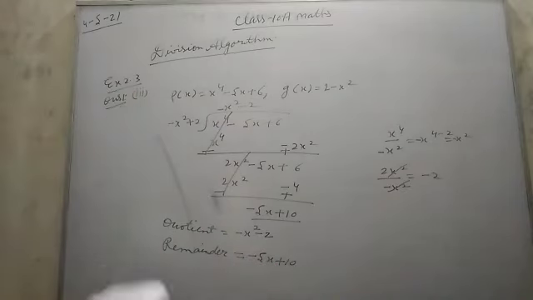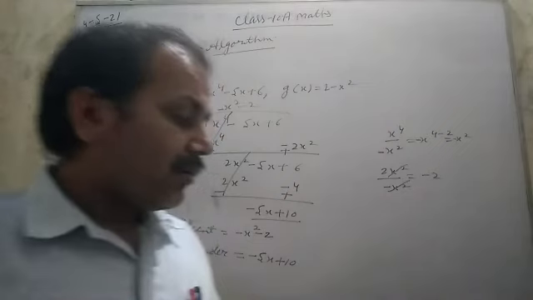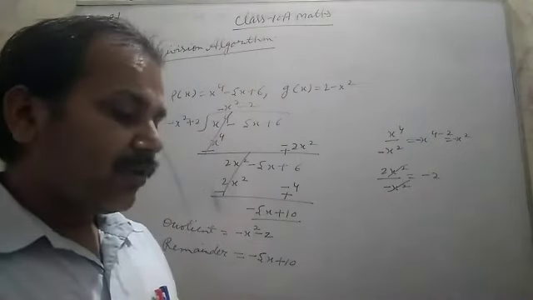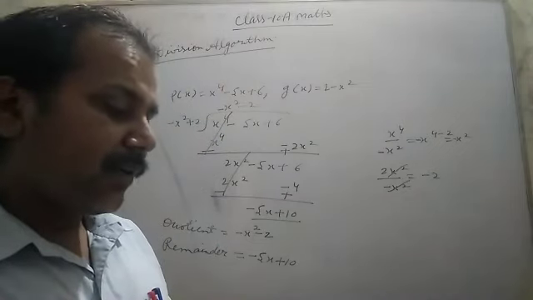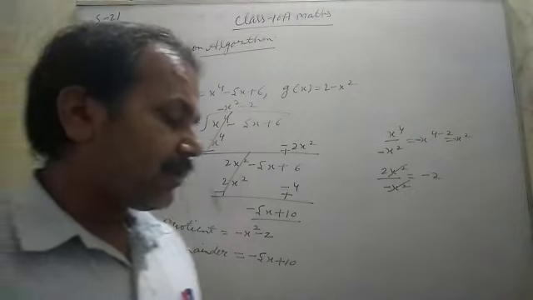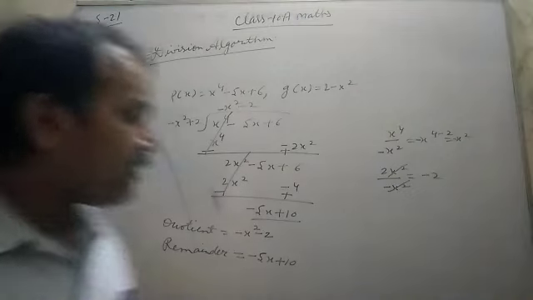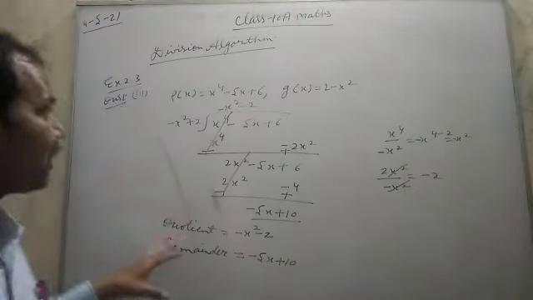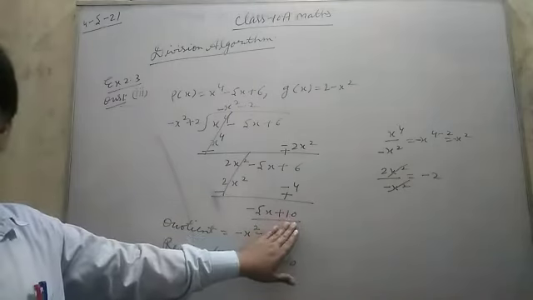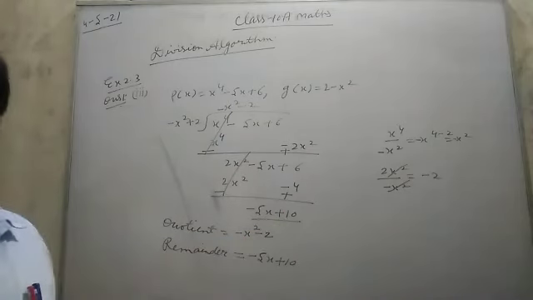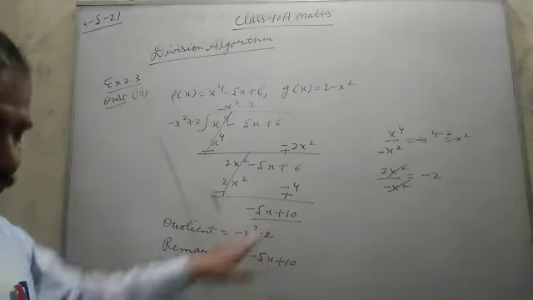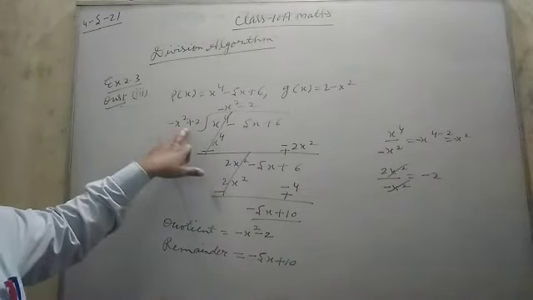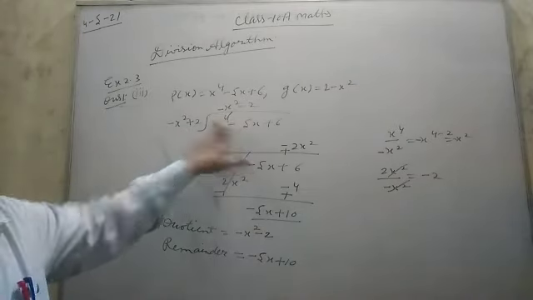And same for question number second also, the only difference is: check whether the first polynomial is a factor of the second polynomial by dividing the second polynomial by the first. Only difference is in question number second, if the remainder becomes 0, then the divisor will be a factor of the dividend.